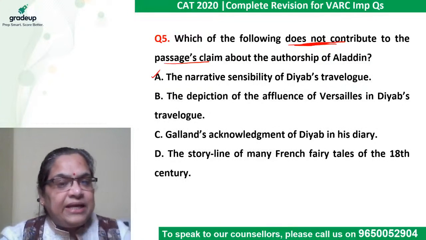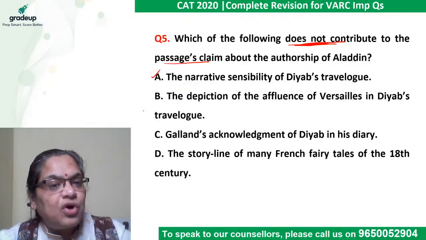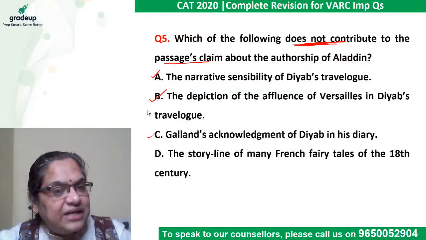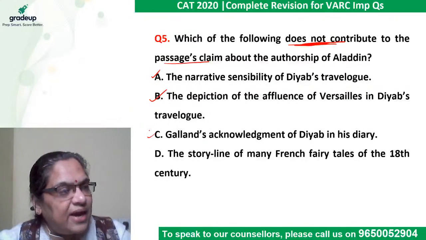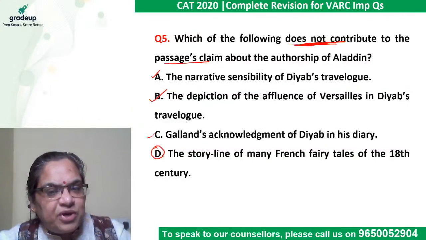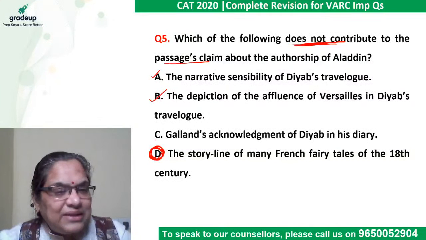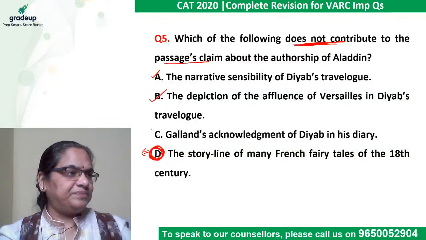Okay. Second, yes, affluence based on the description of the passages. Galland has acknowledged Diab in his diary. All show that it is Diab's connection. But not this, because remember, French fairy tales of the 18th century are rags to riches. But that is not the reason why we say Diab is the author.